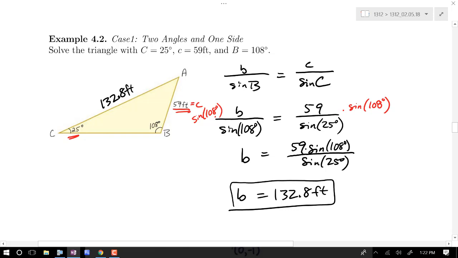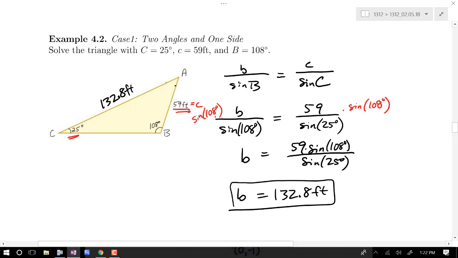Now what? Find angle A. In fact, we have to. There's angle A and side A that are both unknown. We have to find angle A first because in order to find side A using law of sines, I'd have to have the opposite angle.